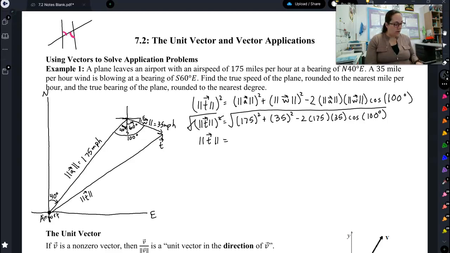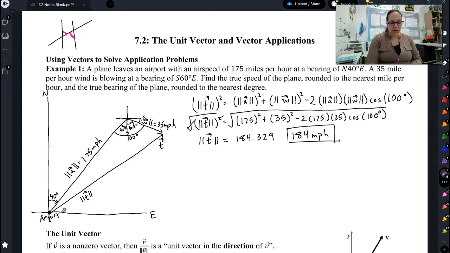And I can plug all that into my calculator to get that the magnitude of t is 184.329. However, instructions say rounded to the nearest mile per hour. So my true speed is 184 miles per hour. So basically we started at 175 miles per hour and the wind is helping us go a little bit faster. So there's my true speed, the magnitude of the vectors added together.